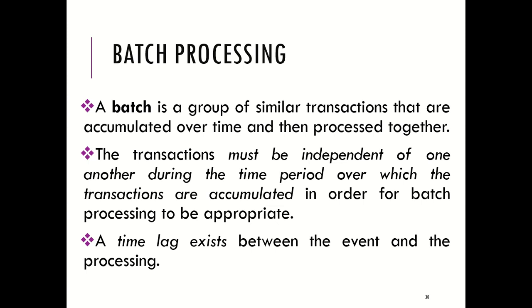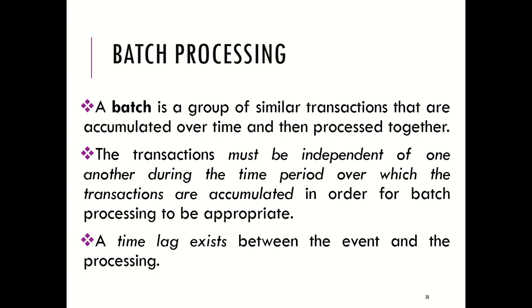Wherein, let's say for a day, at the end of the day, they will have their record of similar transactions, sales. They will combine all the records of cashier 1 up to cashier 10, for example. So the total of that is what will be recorded as sales, rather than per transaction, regardless of the amount.